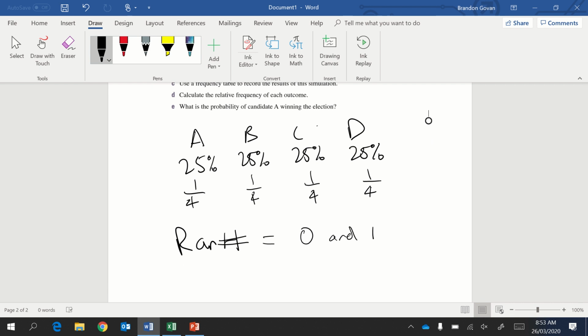If we set up the random number to be 25% per probability. Now, the way we're going to do that is for each of these outcomes of the election, A, B, C, and D, we can see that we have a 1/4 chance. And we're going to take this number 4, because there's 4 outcomes, and each one has a 1/4 chance, and we're going to do random number times 4.